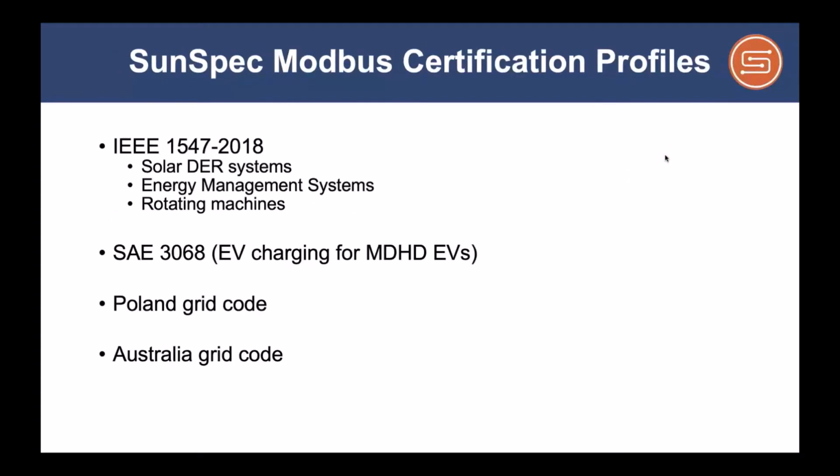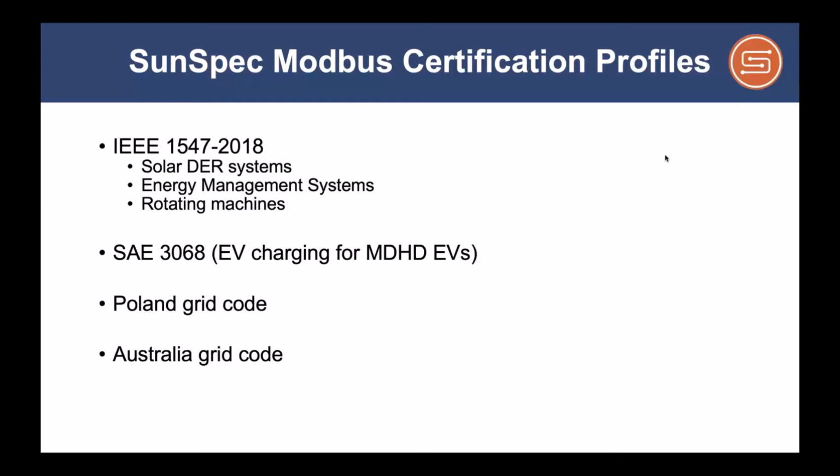So with that, we do offer certification profiles that are bound to very specific use cases. Now, some of these profiles we are offering now, and then some are in development and others still are on the roadmap. As of today, we provide an IEEE 1547 compliance profile for solar DER systems.